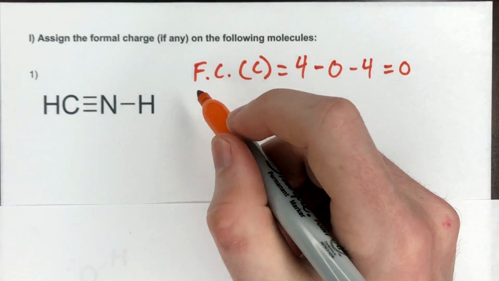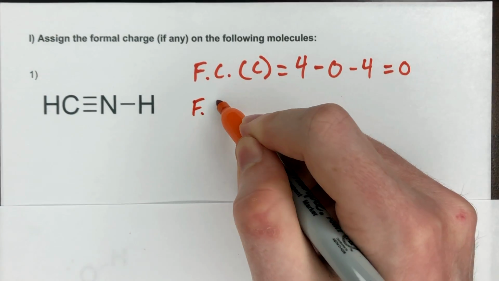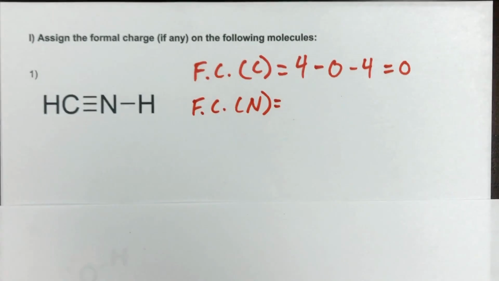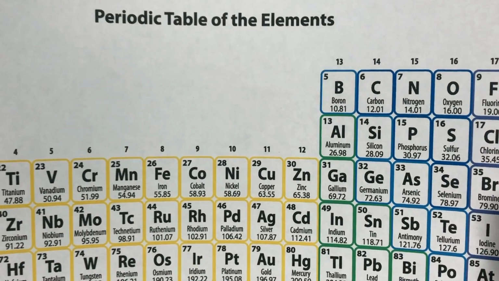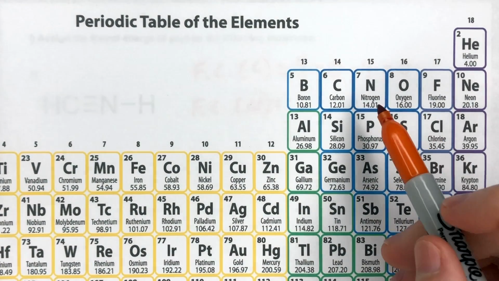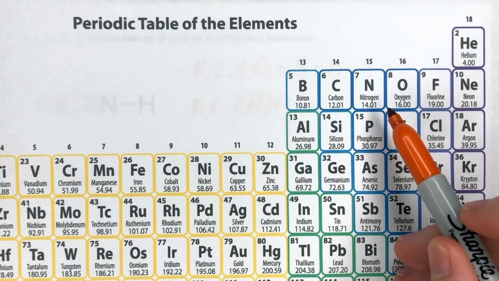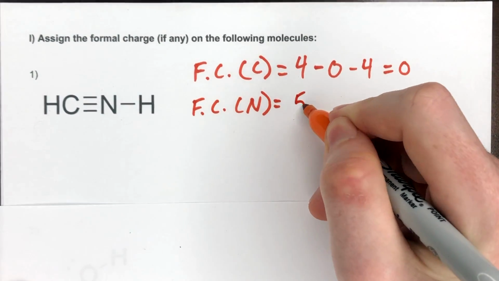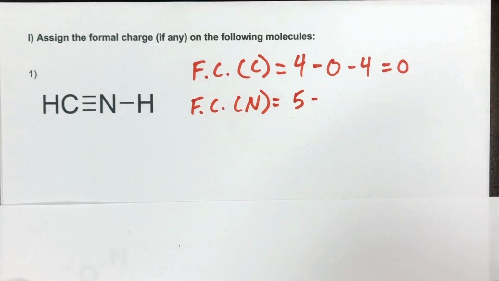Now if we look at the nitrogen, formal charge of nitrogen, we'll look at our periodic table again, to determine the number of valence electrons for nitrogen to be neutral. It's in group 15, so that is 5. So our first number here is 5. Then we subtract any lone pairs.